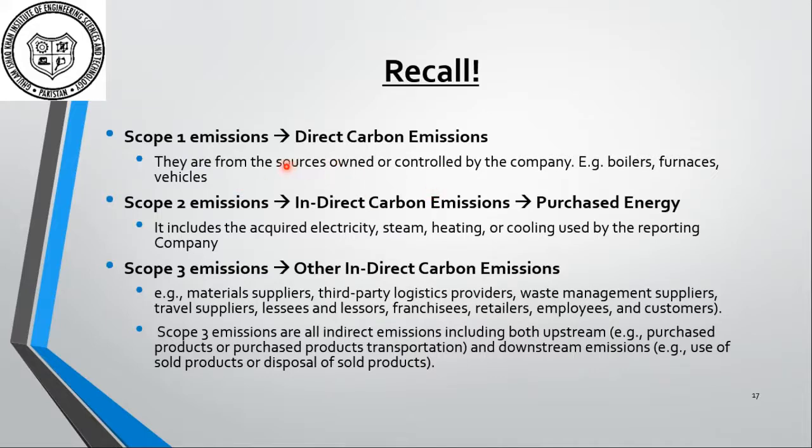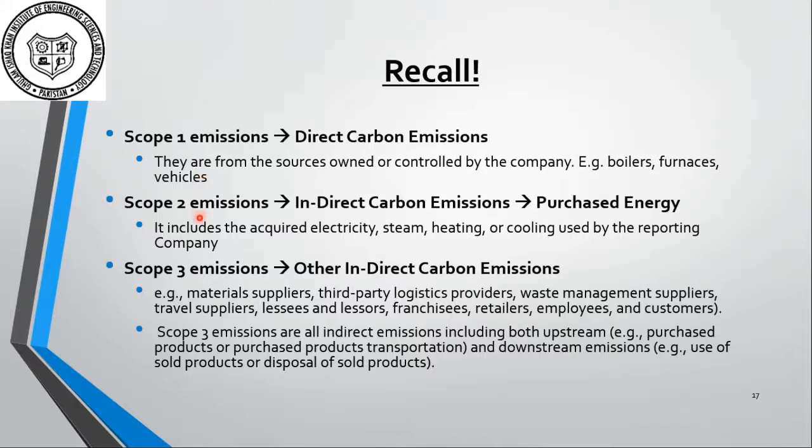They come from sources owned or controlled by the company. Examples: boilers, furnaces, and the vehicles owned by the company. So basically all those relevant stakes where the company has direct control, or owns them and takes responsibility, and also has the ability to change their efficiencies, to change their inputs and outputs. So this is counted towards your direct emissions or your scope 1 emissions.